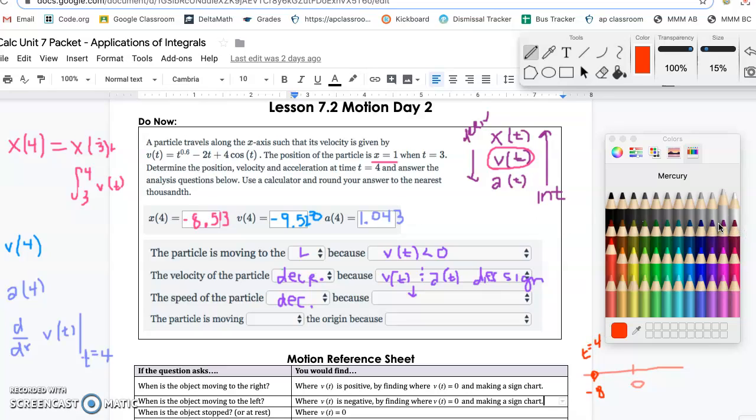I know velocity is negative, so it moves left. So it's moving away from the origin. We know this because position and velocity have the same sign, so x of t and v of t have the same sign.